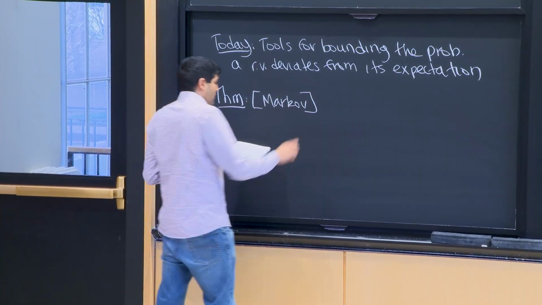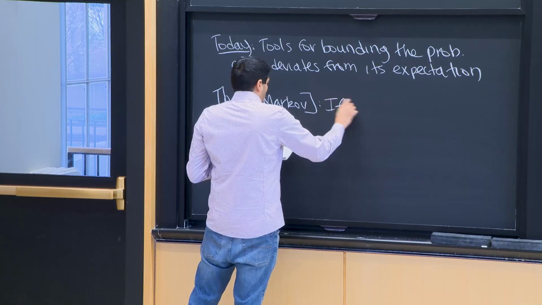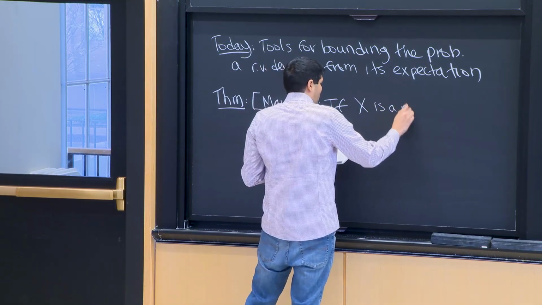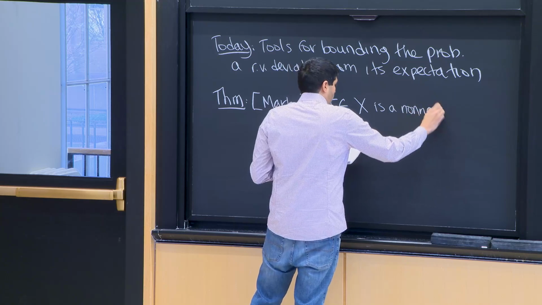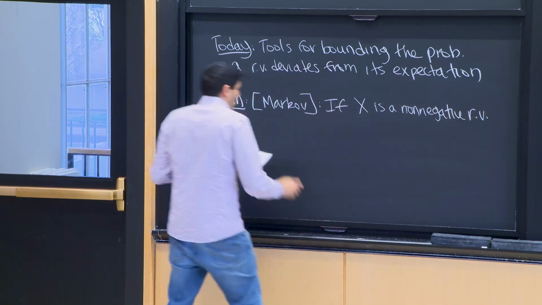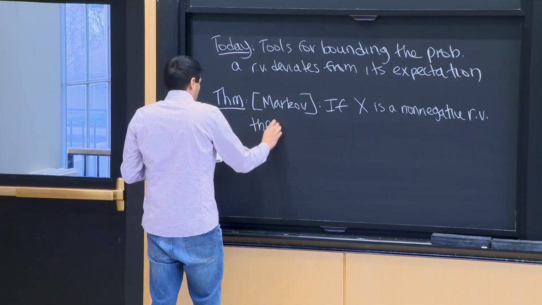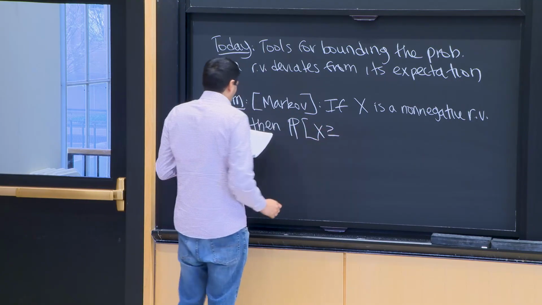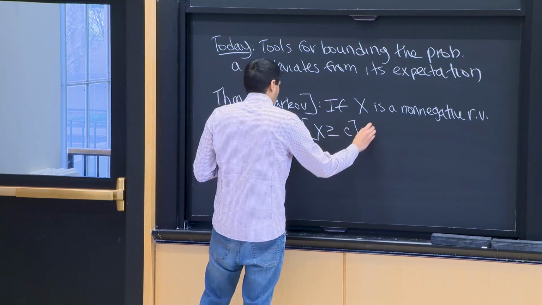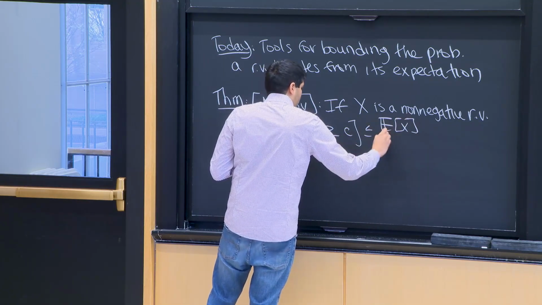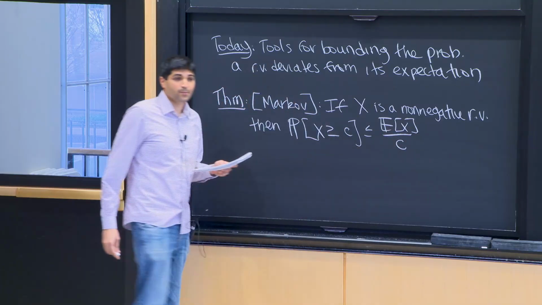It's called Markov's inequality. And here we're going to assume that x is not just a random variable, but it's a non-negative random variable. Then what I claim is that the probability that x is larger than some constant c is bounded by the expectation of x all divided by c.